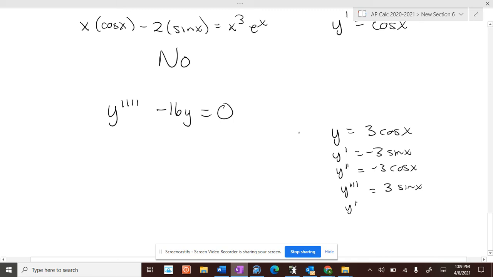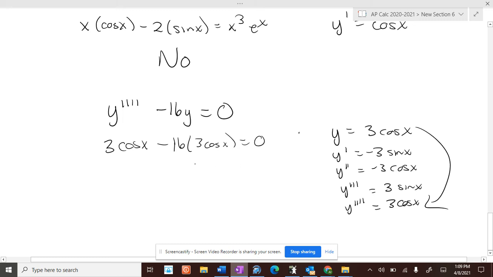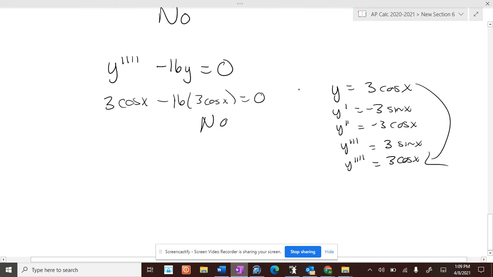And the fourth derivative is 3 cosine of x. And see how this loops back to this. But this says 3 cosine of x minus 16 times 3 cosine of x equals 0. Well, that one's definitely a no. Okay? That one doesn't work. I told you it didn't work.